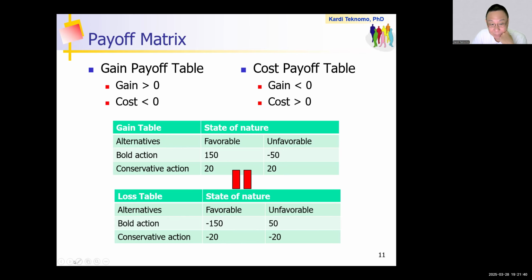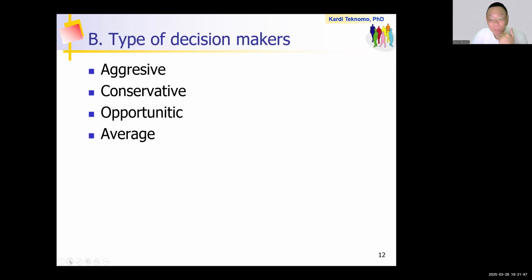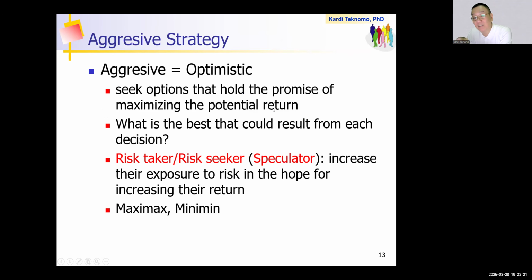Okay. Next, I want to discuss 4 types of decision maker. So, what type of decision maker are you? Are you aggressive, conservative, opportunistic, or average? If you have an aggressive or optimistic strategy, you will seek the option that holds the promise of maximizing the potential return.